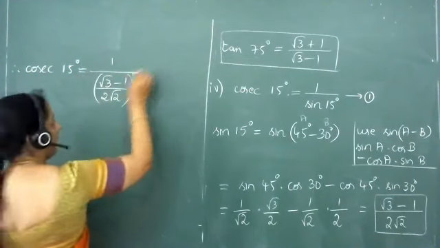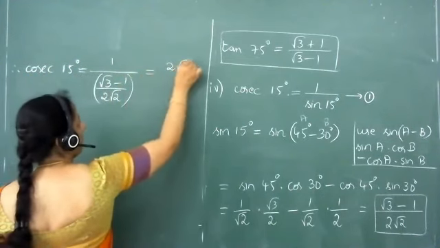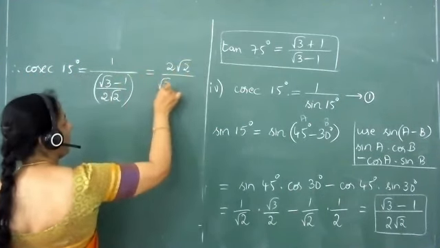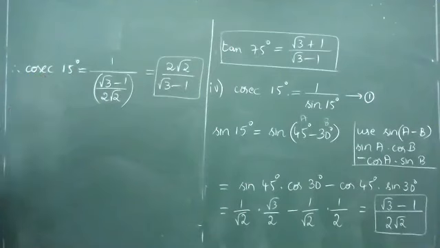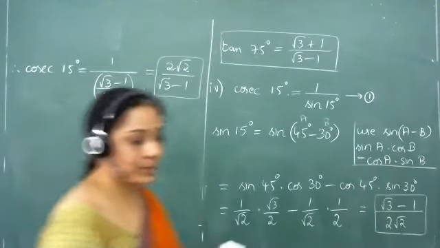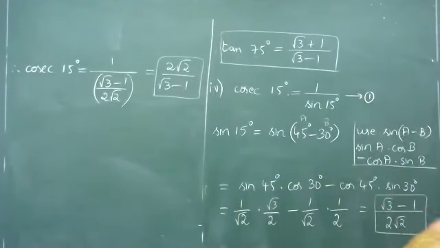This on simplifying will yield us 2 root 2 divided by root 3 minus 1. So this is the desired value of cosecant 15 degrees. To this end, we have answered all the 4 sub questions which came under the first question.